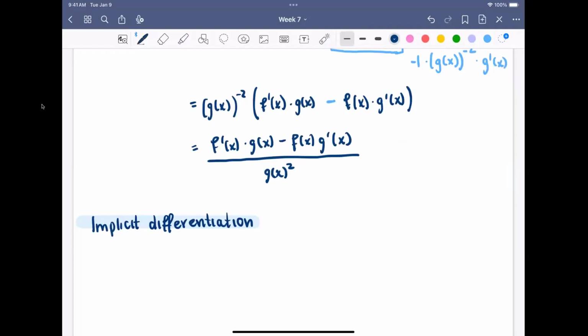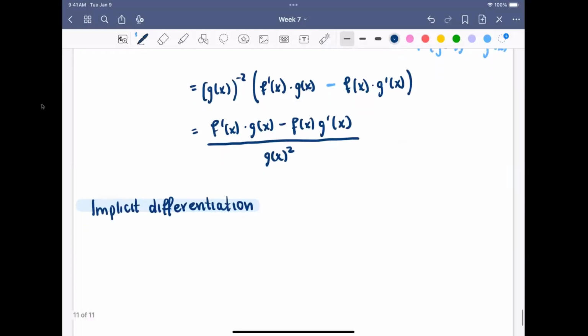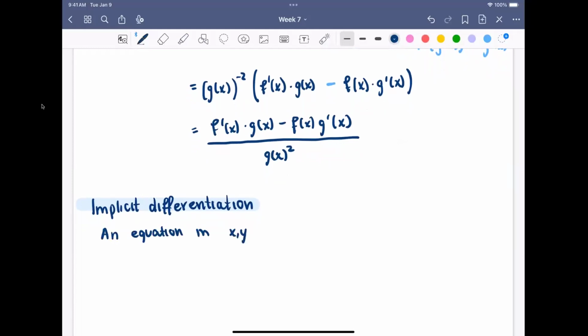So let me just take a moment to say how you might specify a curve like that, because it's not just the graph of a function. So an equation in the variables x and y gives us a shape.